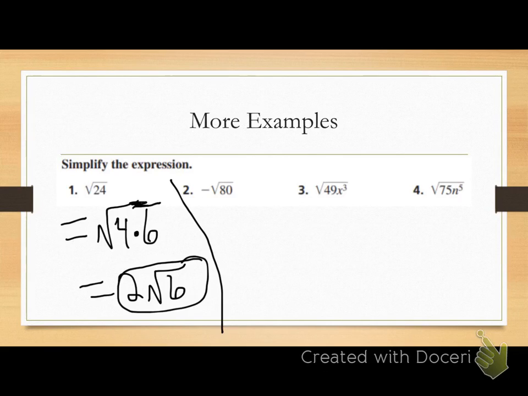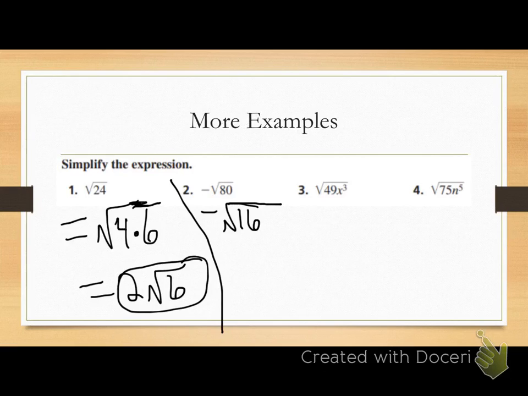Let's look at number 2. Negative square root of 80. This is like a negative 1 outside my square root. So I'm just going to bring down the negative as I'm working this out. I've got to ask myself, what's the biggest perfect square that goes into 80?